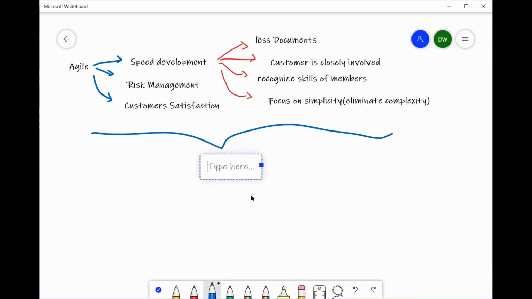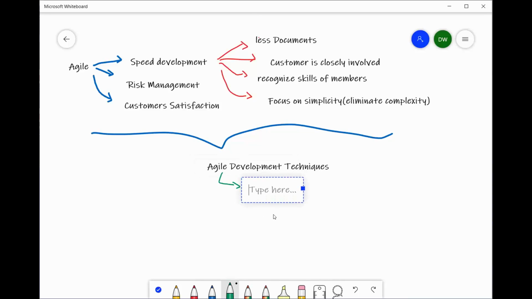So there are a number of techniques. I write the topic as agile development techniques. The things I'm writing down here are all given in your LMS, right? Again, there can be more than the things we list here.